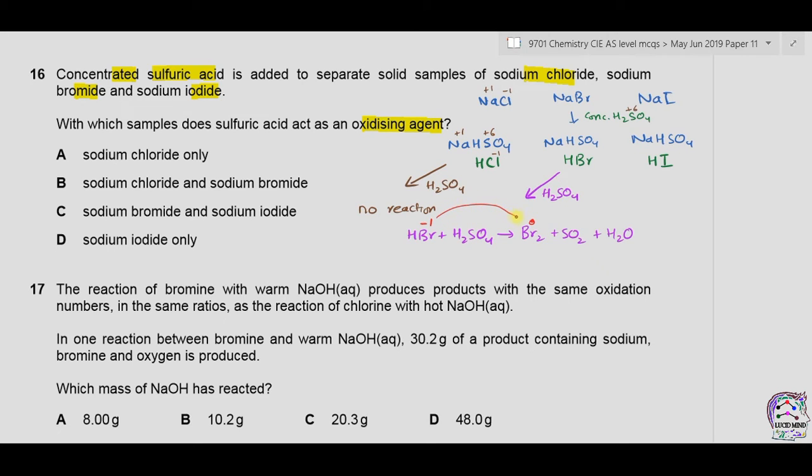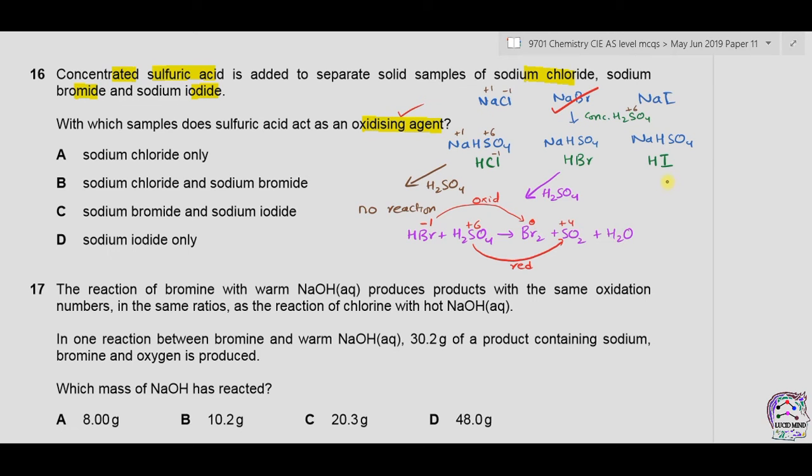So from -1 to 0 it is called oxidation. While sulfuric acid, sulfur was +6, which is converted into SO2, in which oxidation state is +4. So this is reduction. So it means that upon reaction with sodium bromide, concentrated sulfuric acid does behave as an oxidizing agent.